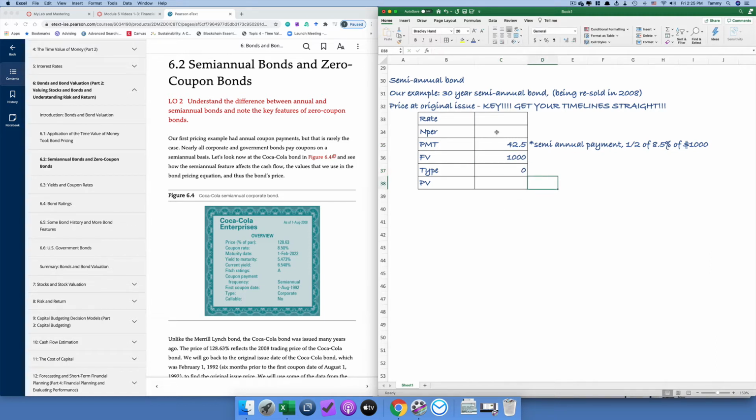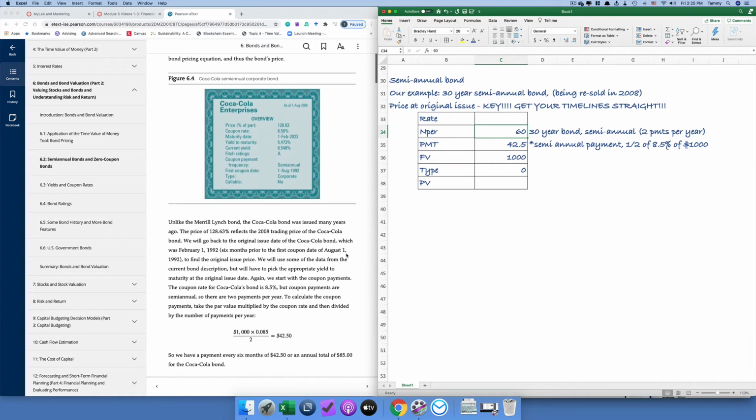And then the number of periods, from the original issue. It's a 30-year bond, semi-annual, so that means 2 payments per year. So this is 60 periods. So 60 times we're going to get $42.50. And the remaining question is, what's the yield to maturity at the time of original issue?